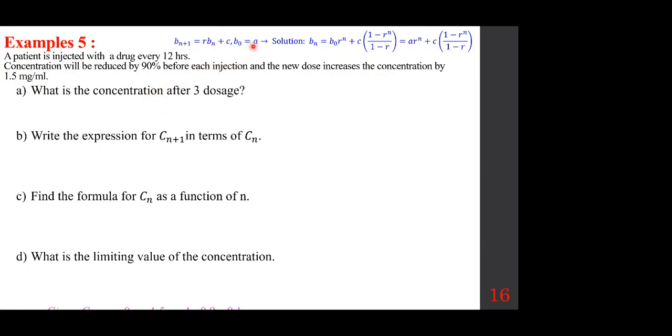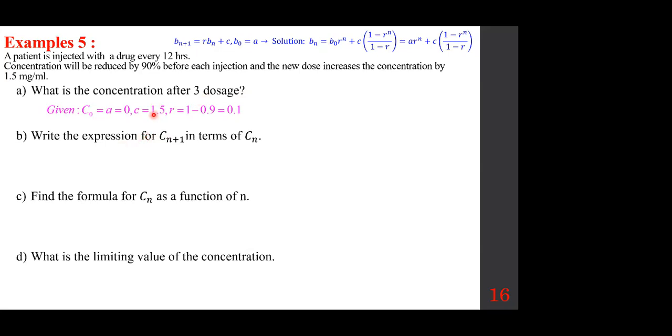In the case of patients, this is always 0 unless it's mentioned somehow that it's not. Okay? It is always 0. They want us to write the first 3 dosages, but before we did that, we wrote the given. If you write the given, it makes life easy to do the rest. So the very first one, n equals 1 gives us 1.5.